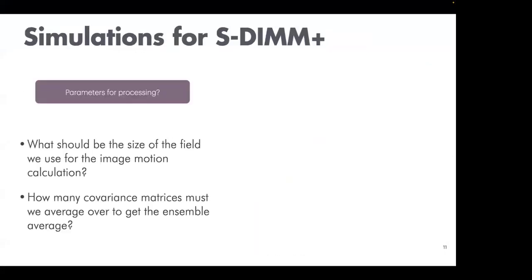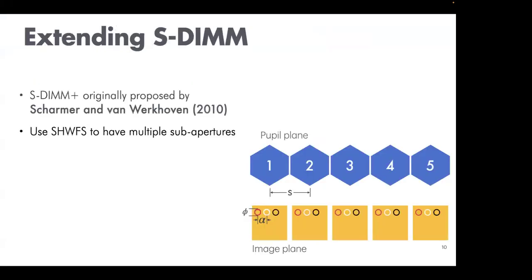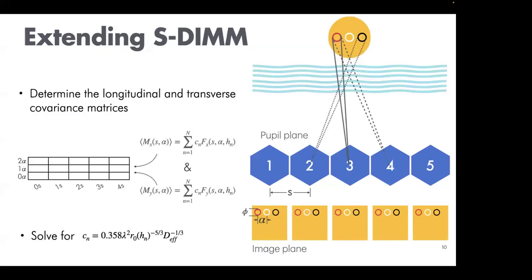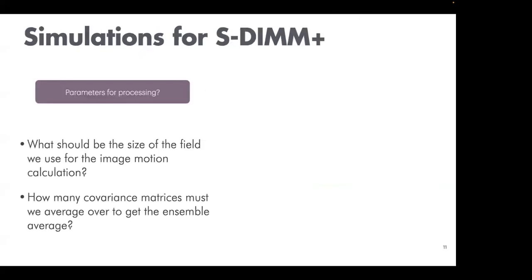These small field regions are what we use for finding the image motion estimates and then to build our covariance matrices. One of the parameters we needed to fix was what size would be best for our telescope and our site parameters.